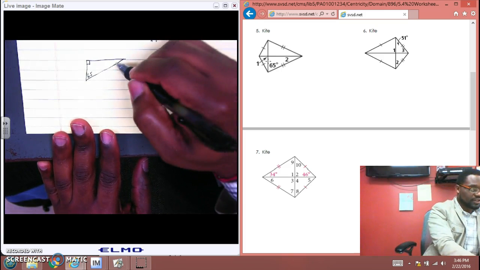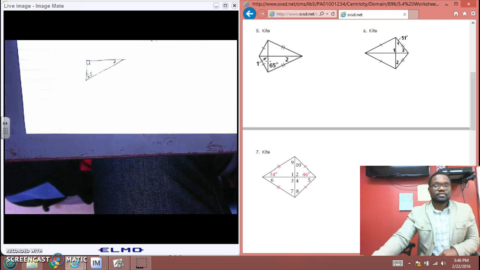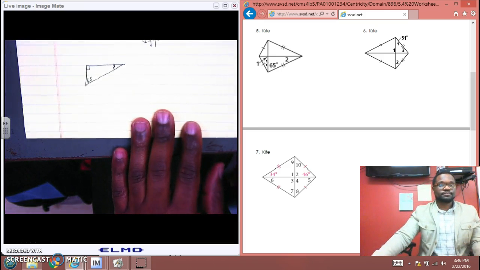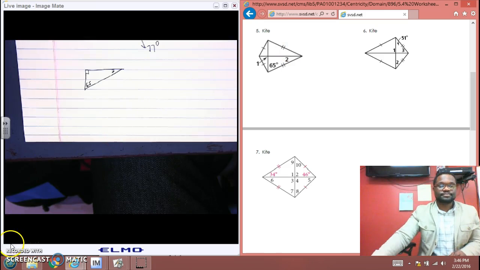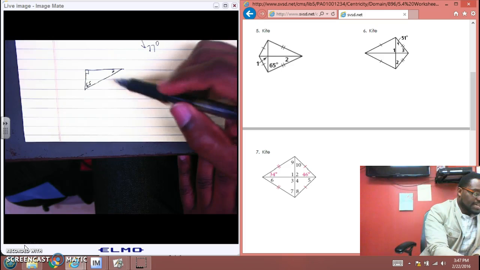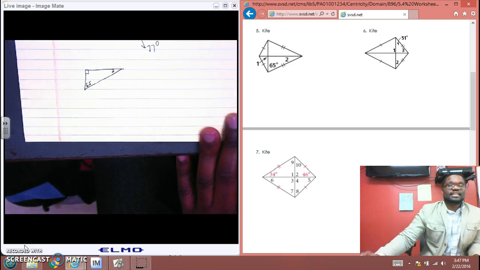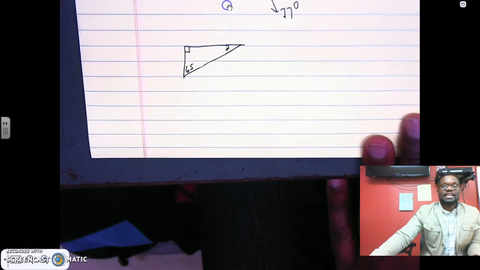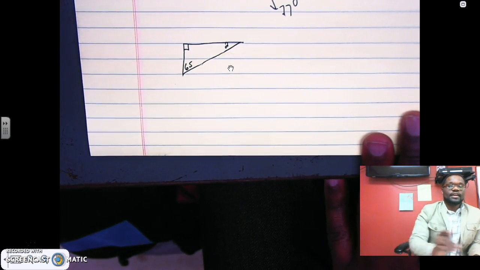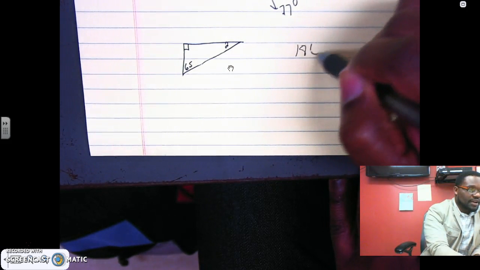And this is angle 2. Now, since I separated it out, you can see clearly. I'm not saying that this is 2, I'm saying that that's just the angle named 2. All three angles of a triangle add up to be 180, right?